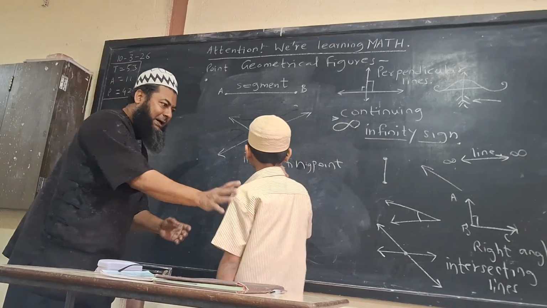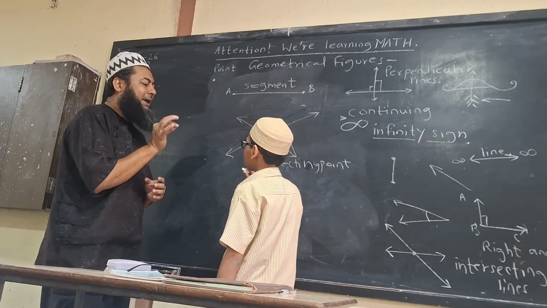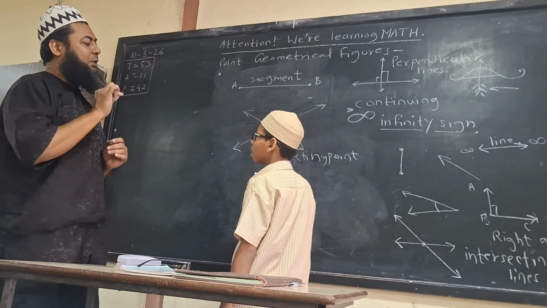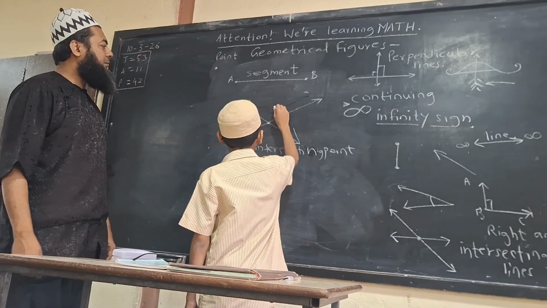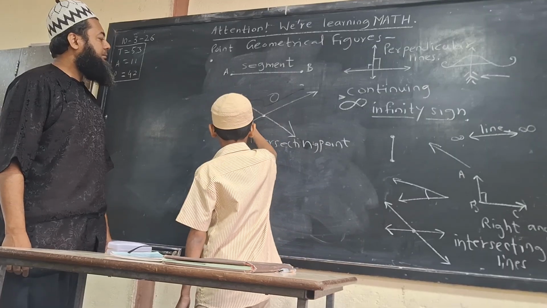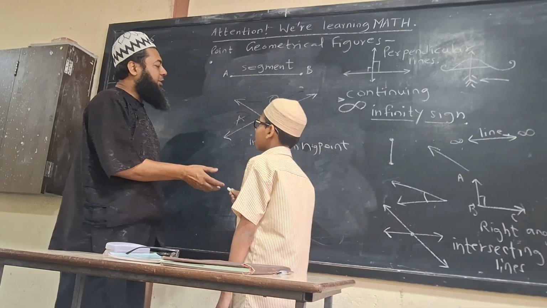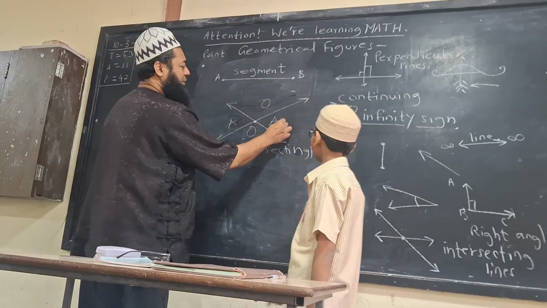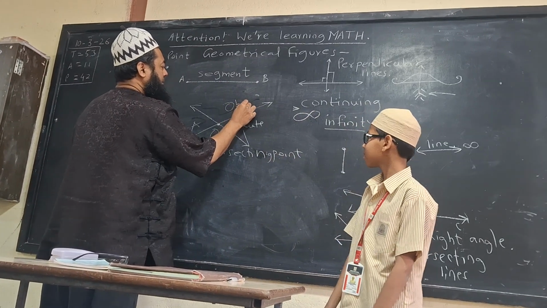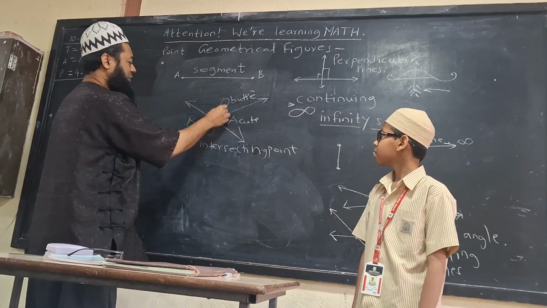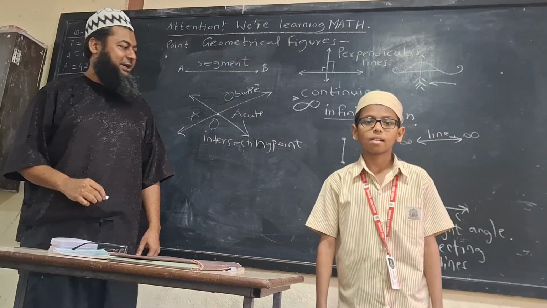When it is acute, you write A, and when it is obtuse, you write O. That's great. So this is acute. This is obtuse. This is obtuse. This is acute. Okay.